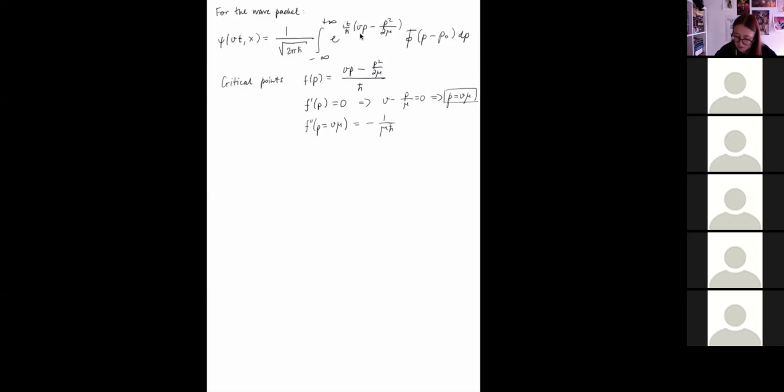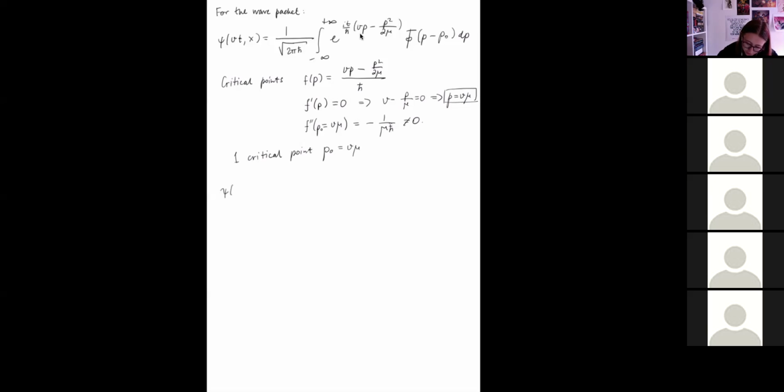Yeah. And it's non-zero. So we have exactly the case that we just discussed when we're looking at this integral where the function f has only one critical point. So we have one critical point, let's label it p0, which equals v mu.